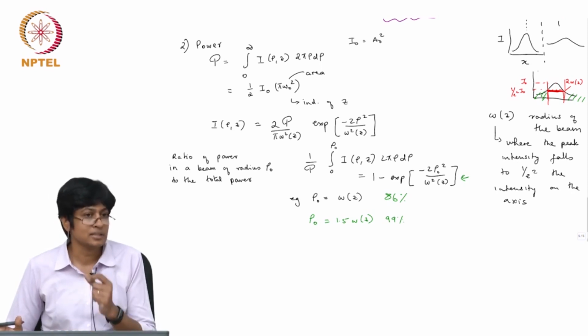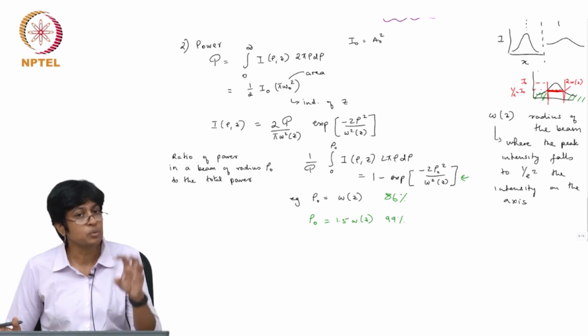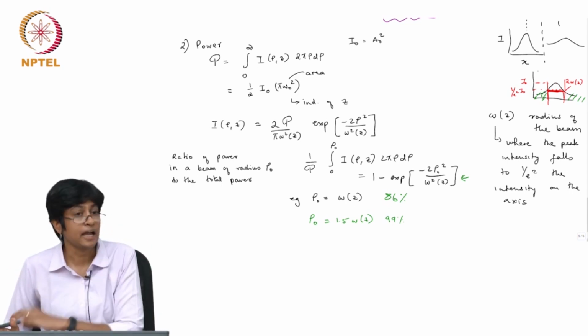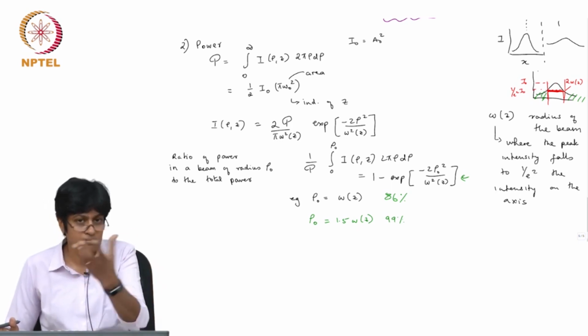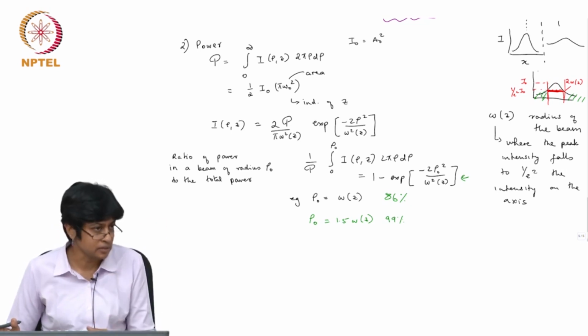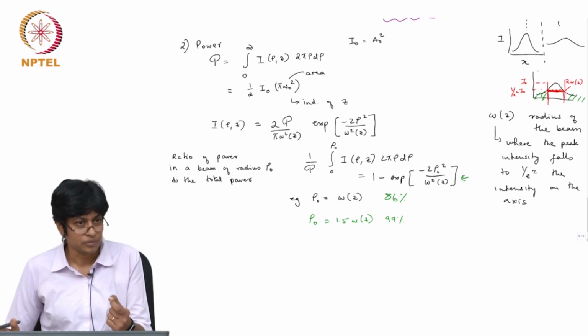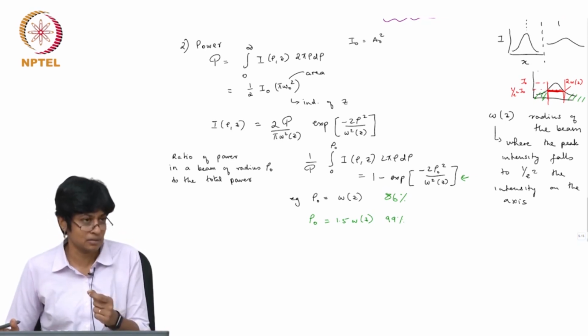When you're designing a system with a Gaussian beam traveling through it, you calculate the propagation of the beam and find that its largest omega of z is, say, 5 centimeters. When picking your optics, you might choose optics with a radius of 10 centimeters.